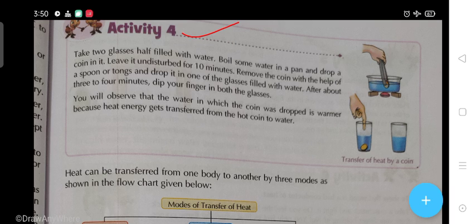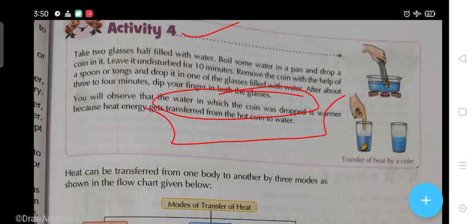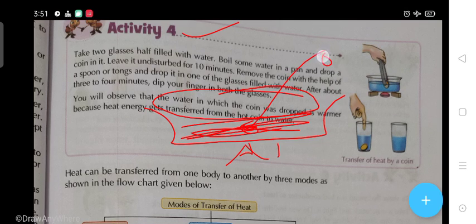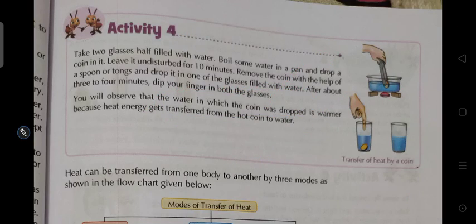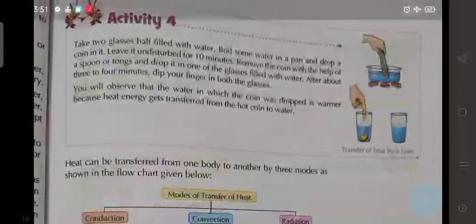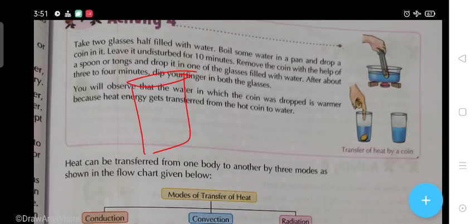Students, simply, in this activity, you have to take a pan and put a coin in it, and take some water and heat that. After 10 minutes, you have to take out that coin and dip it in a glass that is half filled with water.